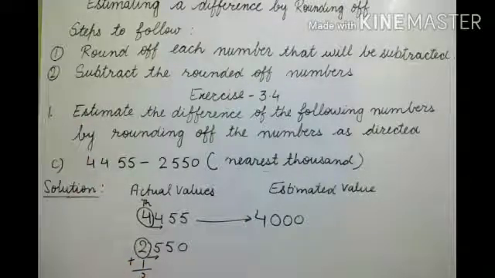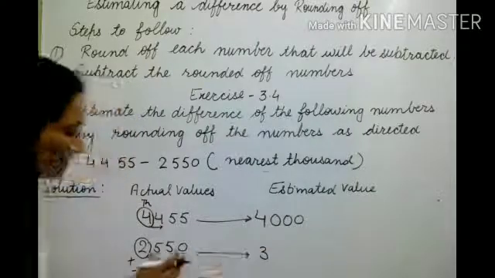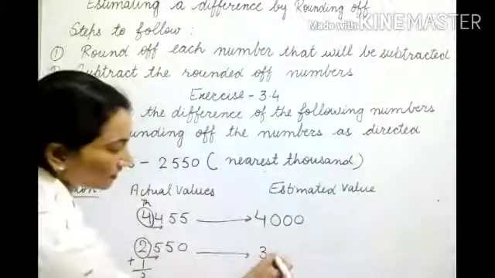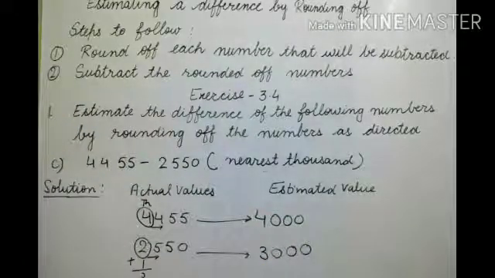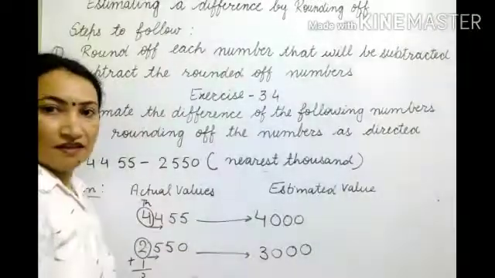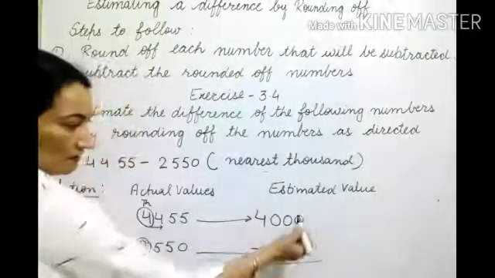Here it will become 3. So we will write 3, and the rest of the 3 digits at the 100s place, 10s place and 1s place will become 0. Now we will find their estimated difference.